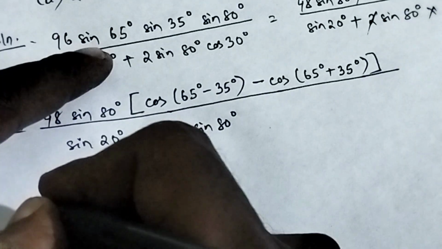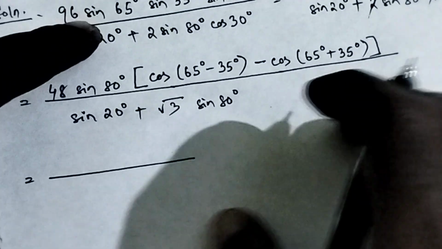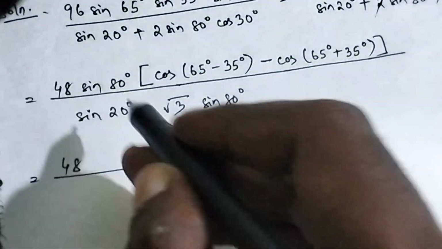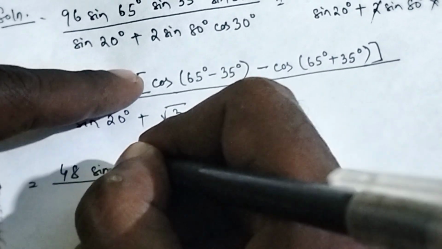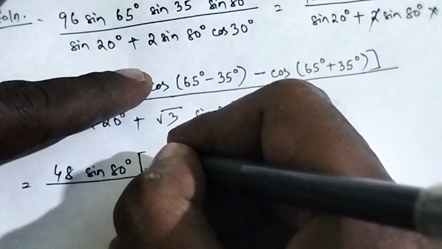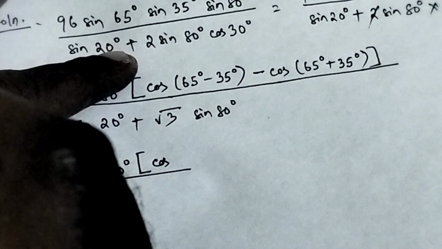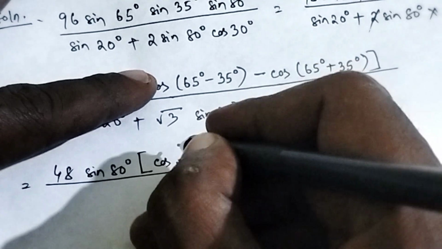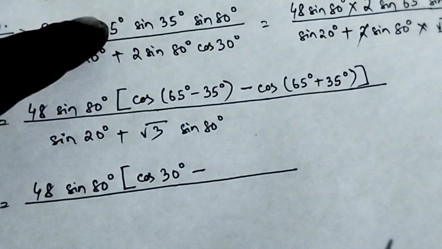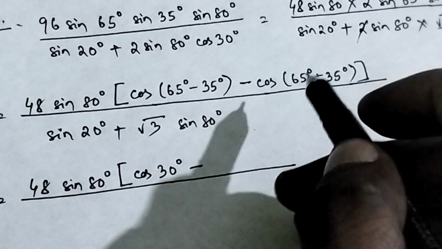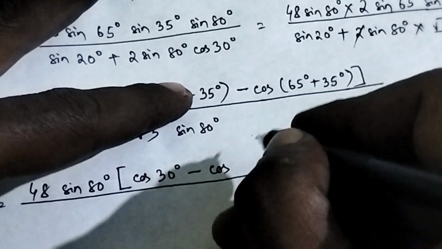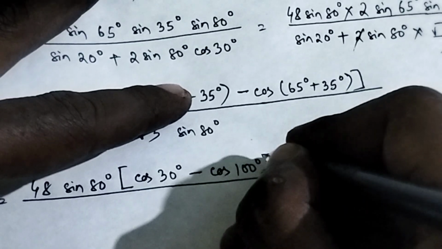Now, 48 sine 80 degree, cos of 65 minus 35, that means cos 30 degree, minus cos of 65 plus 35, that means cos 100 degree.